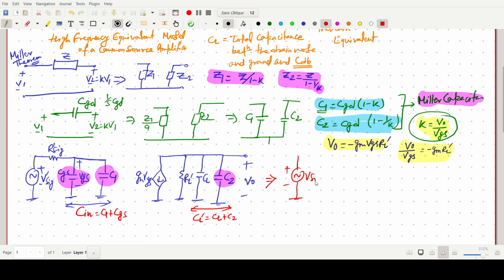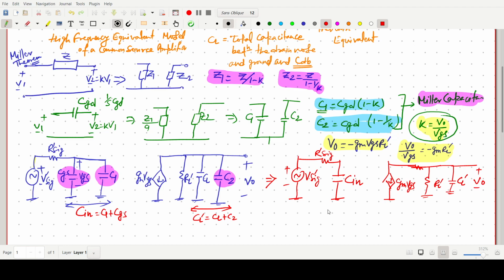Plus minus V signal dash, R signal dash, okay, and we can write a common capacitor, say Cin, then after this one GM VGS, oh sorry, then it should be our RL dash, and one single capacitor will be there, CL dash, V0, the same thing, okay, where Cin equals C1 plus CGS, and CL dash equals CL plus C2.